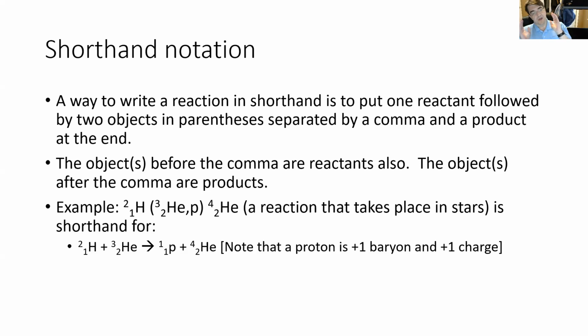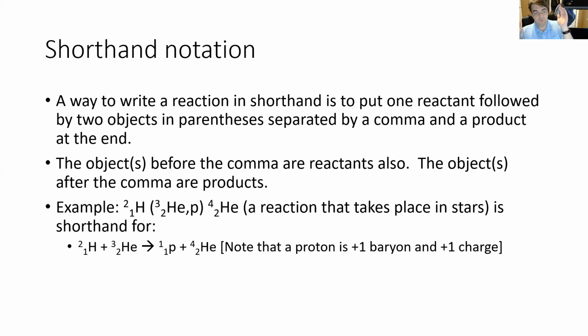So the objects in the parentheses before the comma are also a reactant. Whatever is in the parentheses after the comma is a product. So the shorthand notation I've got there is a deuterium reacts with a helion, producing a proton and an alpha particle. This is a reaction that takes place in stars.